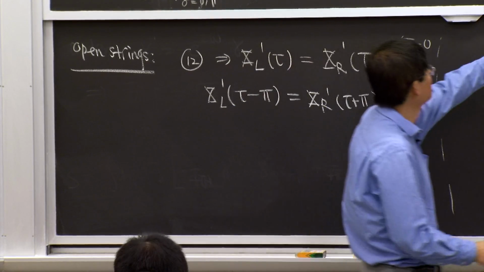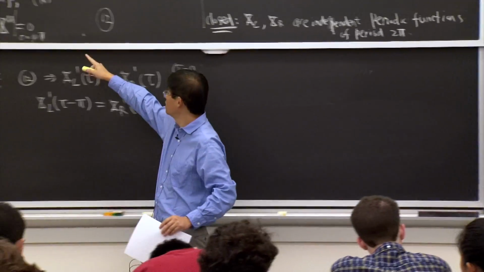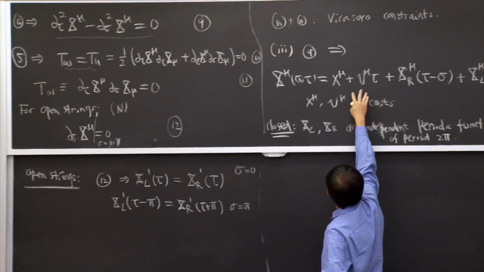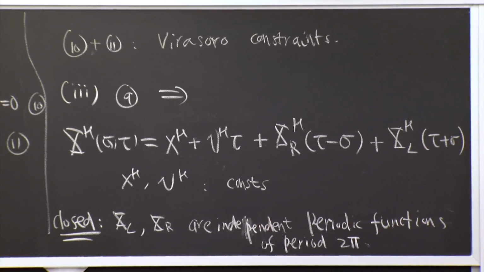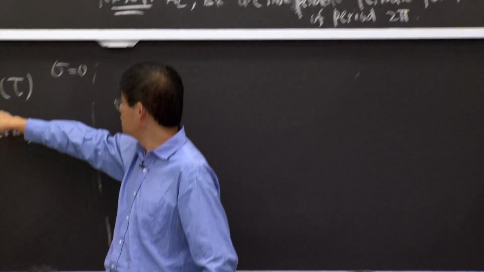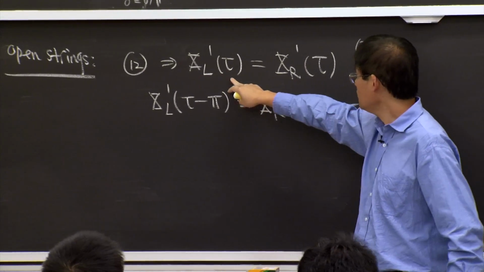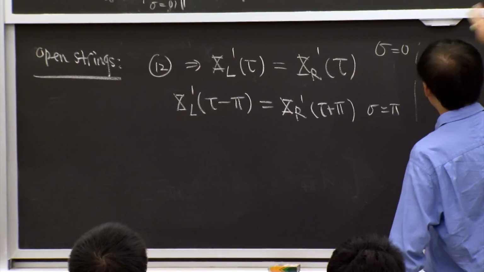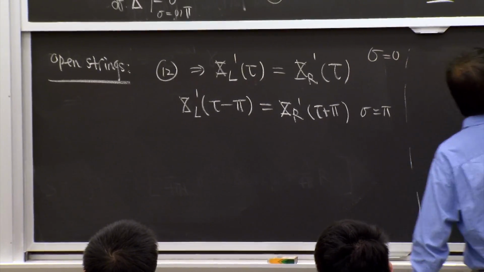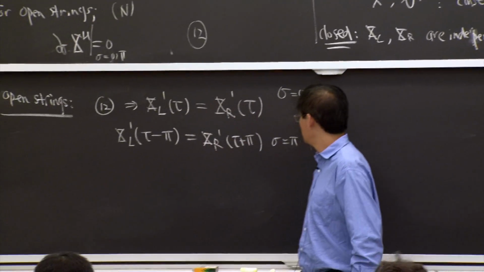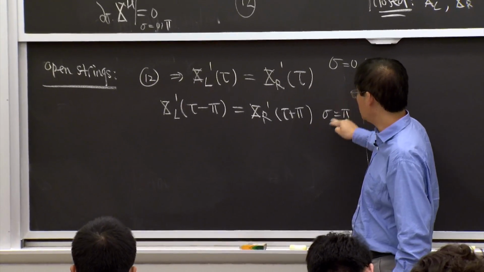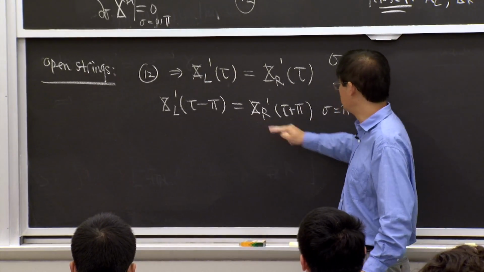So you just plug this in. The first two terms do not matter, and you just have the last two terms. Evaluating at sigma equal to 0, you get this equal to that, and evaluating at sigma equal to pi, you find this. Okay?